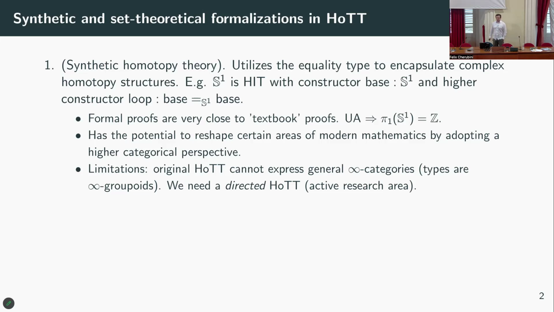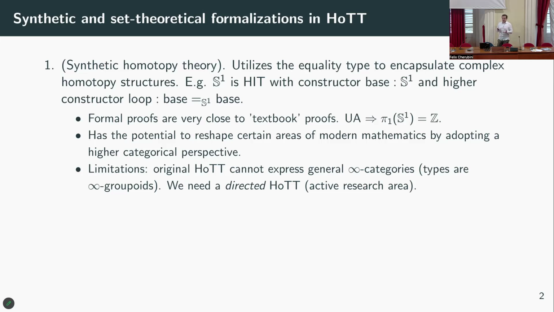This has advantages for a number of reasons. For example, formal proofs in this case are rather short and usually close to textbook proofs. For example, there is a very nice proof, using univalence, that the fundamental group of the circle is the integers.